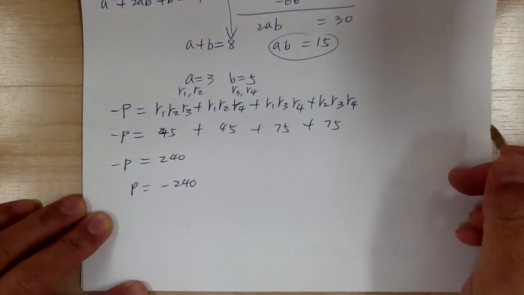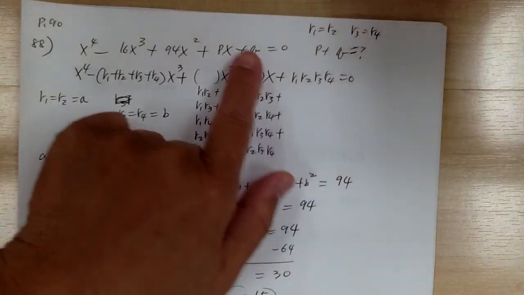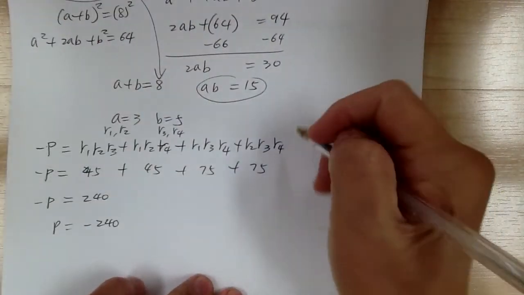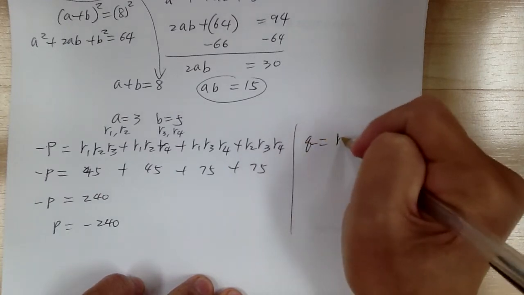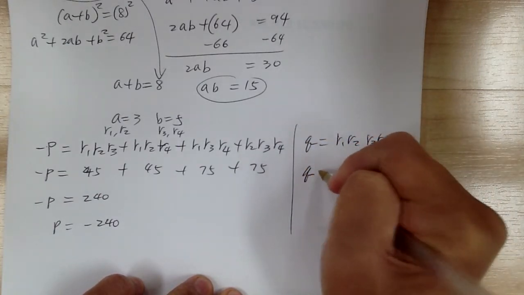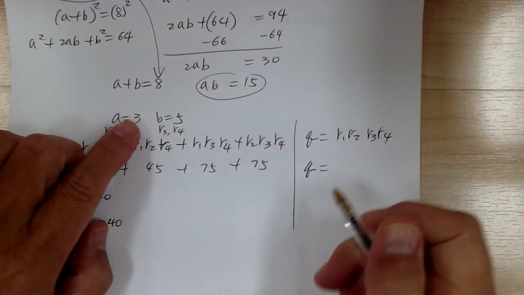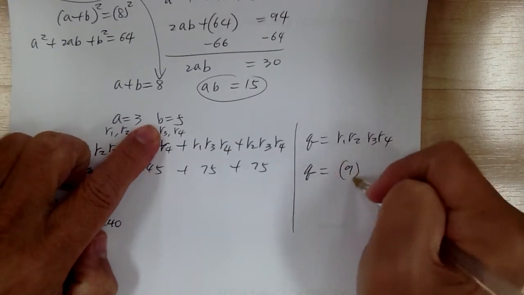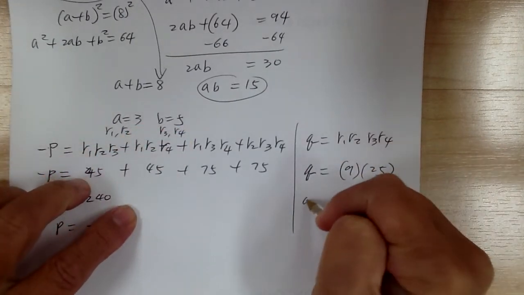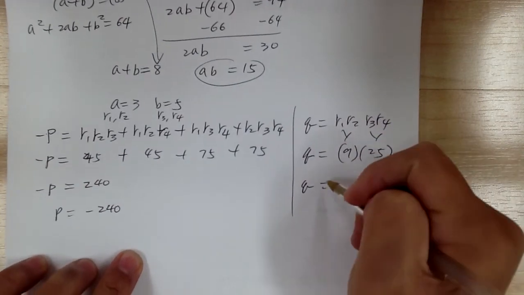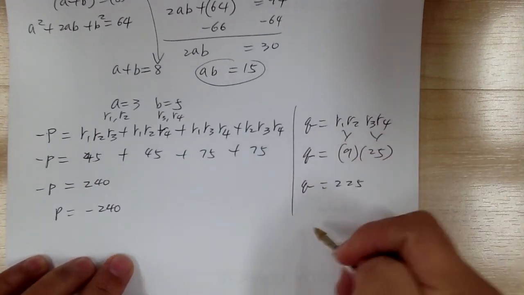Now let's find Q. The Q matches with this over here, so Q equal to R1, R2, R3, R4. So Q will equal to, it would be 3, 3, 5, 5, so 9 times 25. So Q equal to 225.